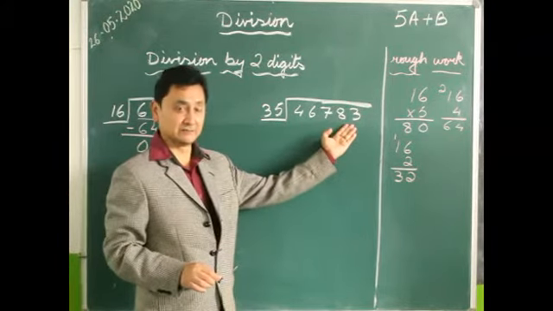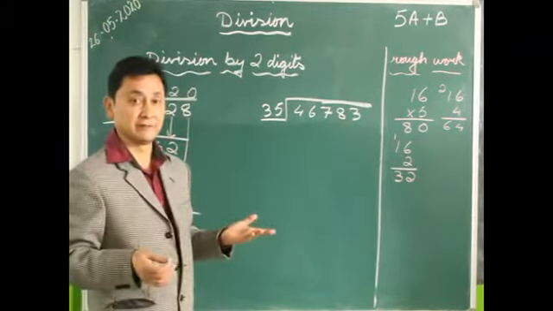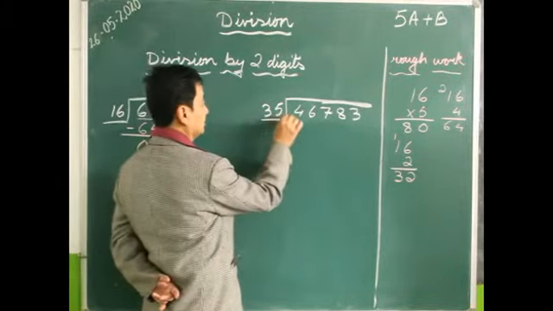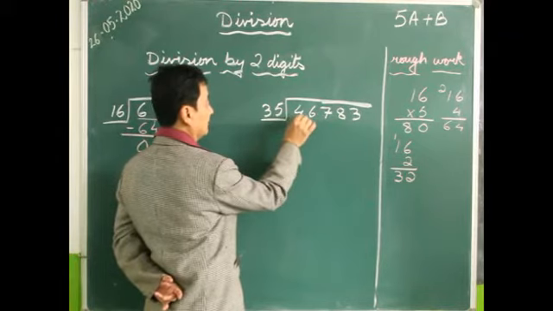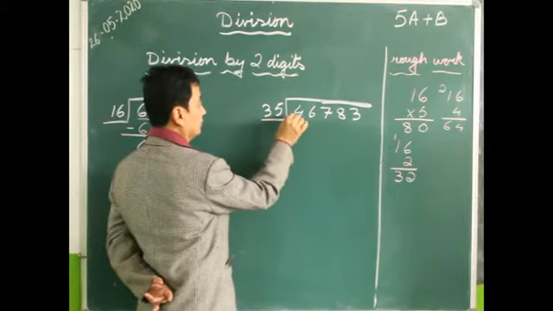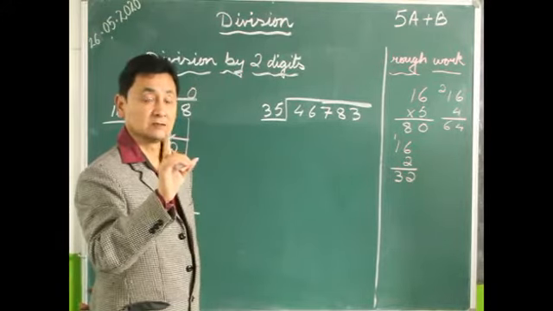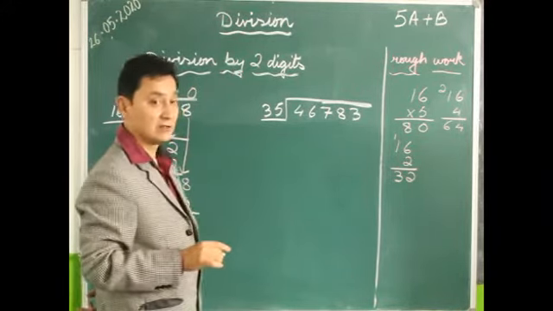Let's move on to a 5-digit dividend. So it is the same thing. There's no difference. Okay, so we look at 3, look at, this is 35, 46. 3 will go into 4 how many times? Once. 35 ones are 35.